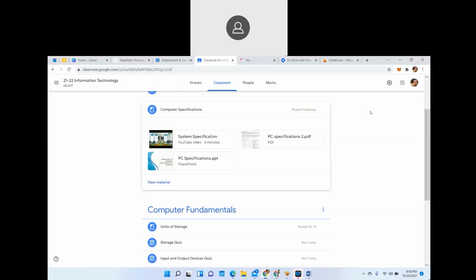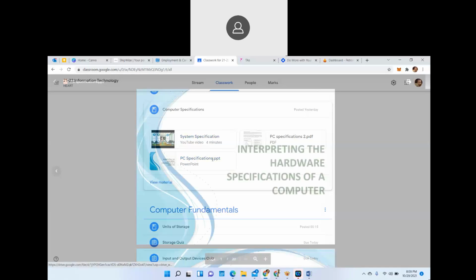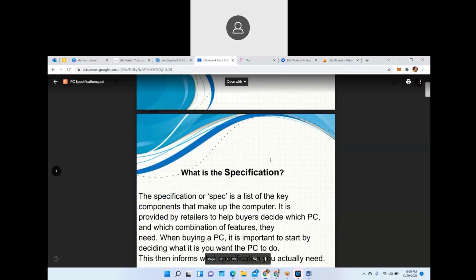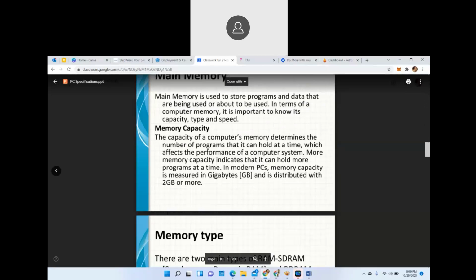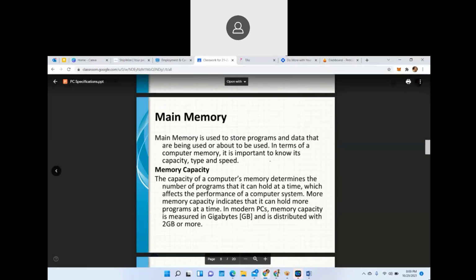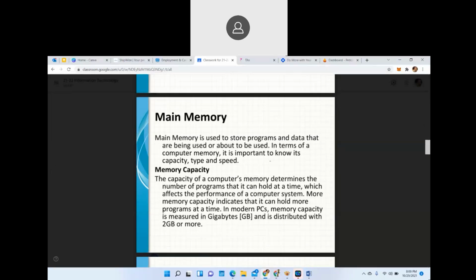Remember, this is a temporary type of storage. Once you open an application, it is opened in RAM. It's temporary. Main memory is used to store programs and data that are being used or are about to be used by the central processing unit or the computer.